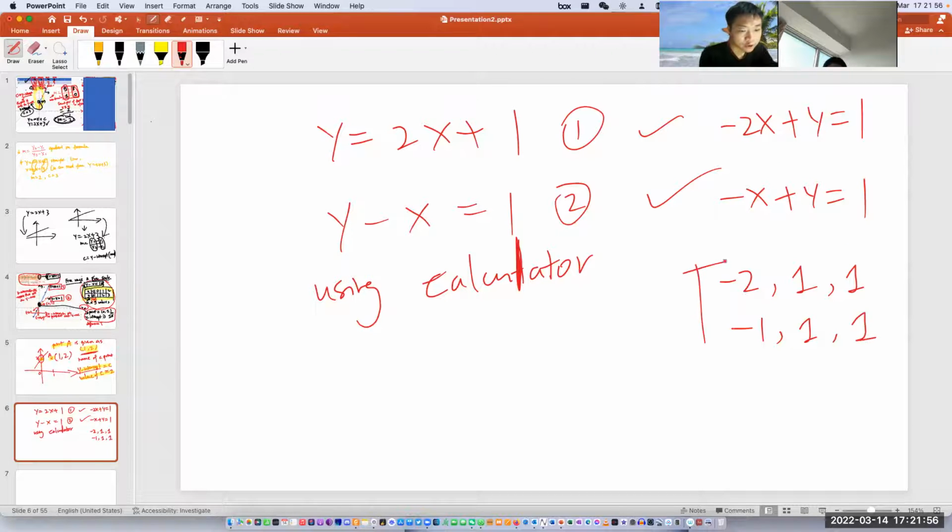Can you help me out? Use your calculator. What's your x and what's your y, solving these simultaneous equations using your calculator?